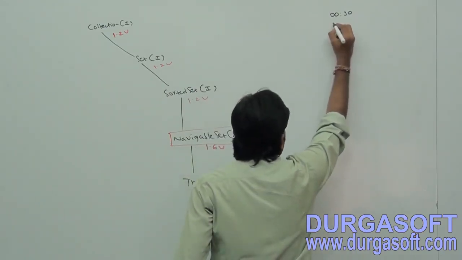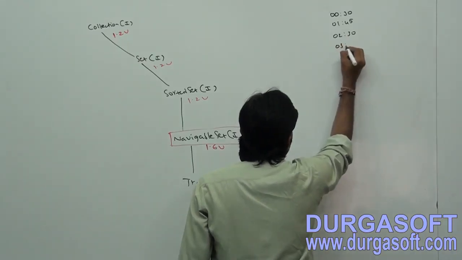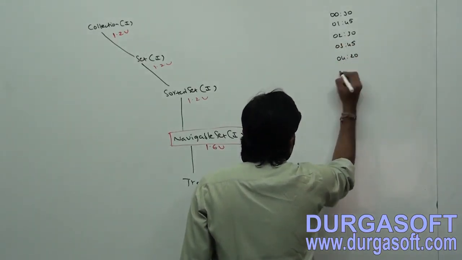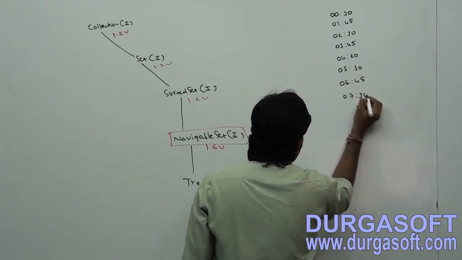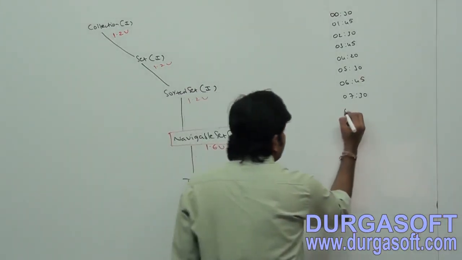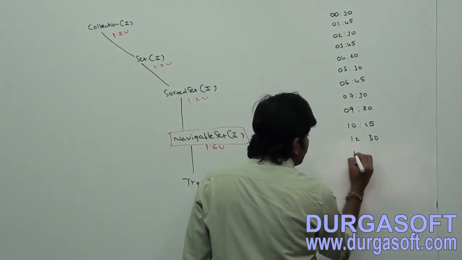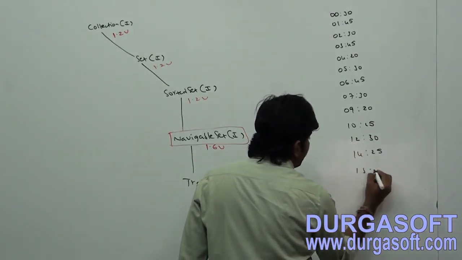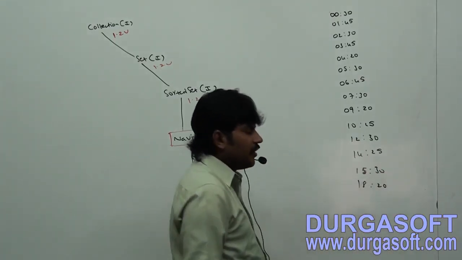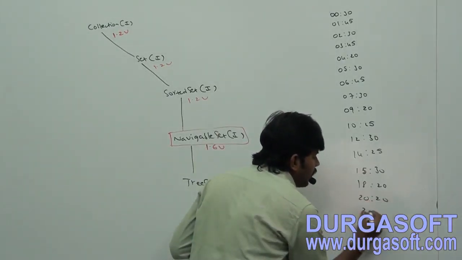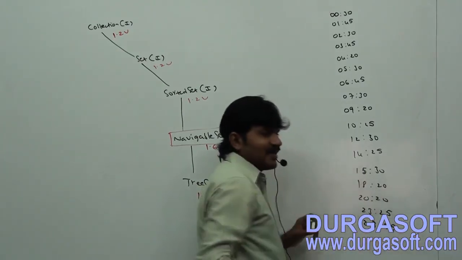Next 01:45, 02:30, 03:45, 04:20, 05:30, 06:45, 07:30, 09:20, 10:25, 12:30, 14:25, 15:30, 18:20, 20:20, 23:25, and 23:59.